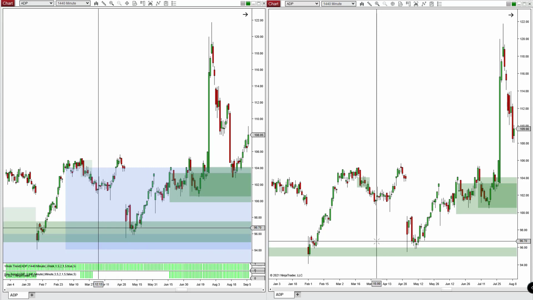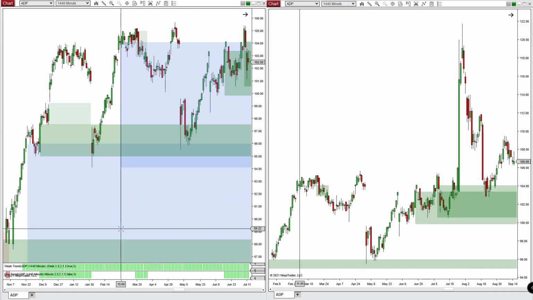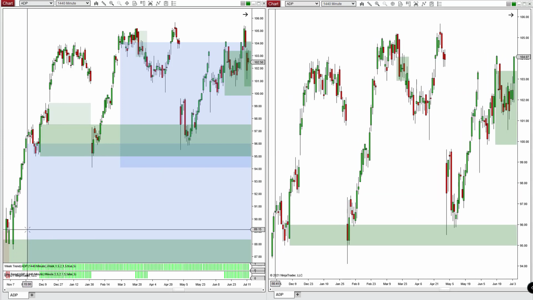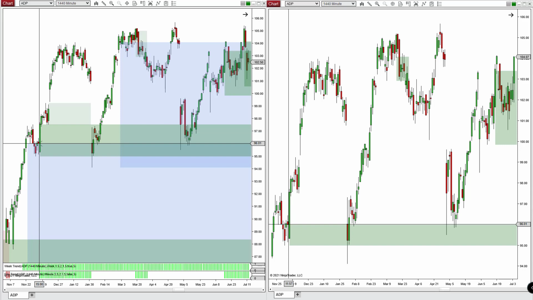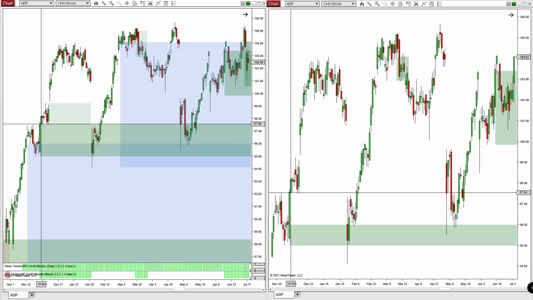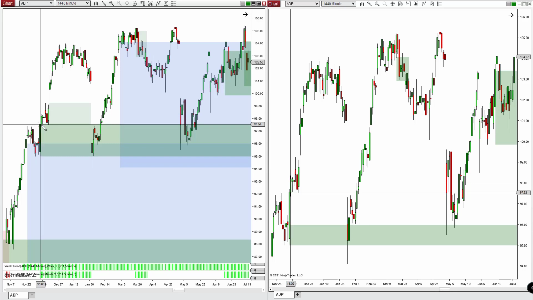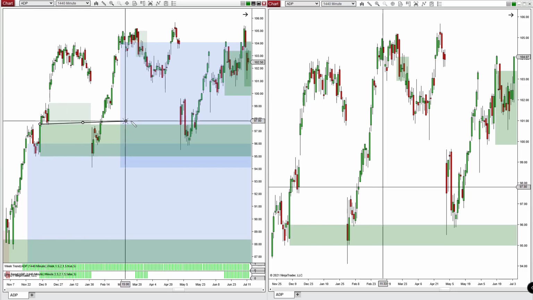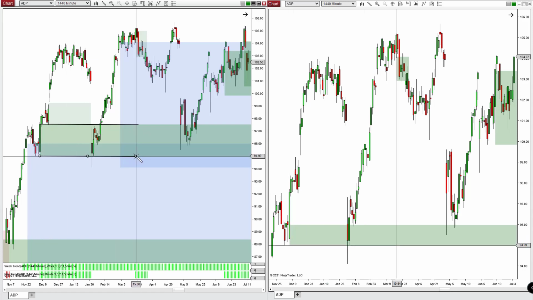All right, here we go. So now if we look over here at our chart, we can actually see, look at the left chart, we can see where we have the overlap. Starting with the chart on the left here, we have this zone that runs from here to here, right?